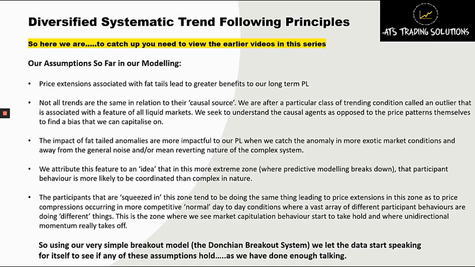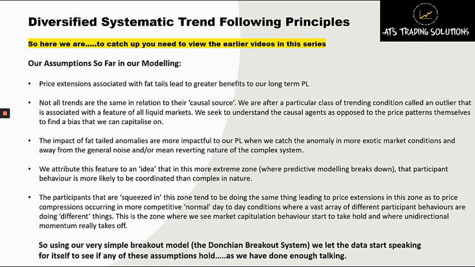It is when they emerge from normal market conditions that their overall impact is more dominant in the nature of overall price action. And we therefore attribute this hypothesis to an idea that in this more extreme zone, where predictive modelling breaks down, participant behaviour in general is more likely to be coordinated than complex in nature or noisy.